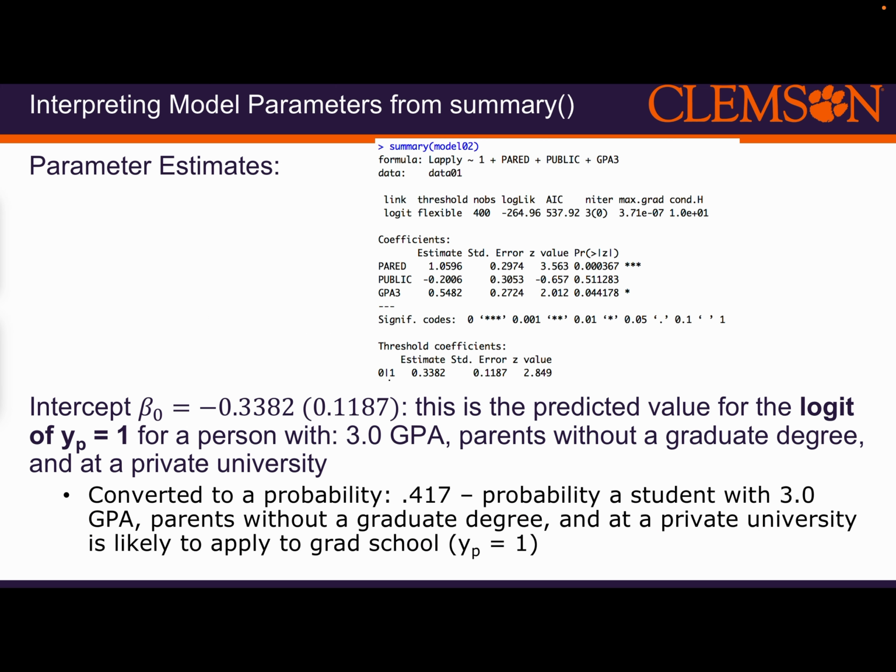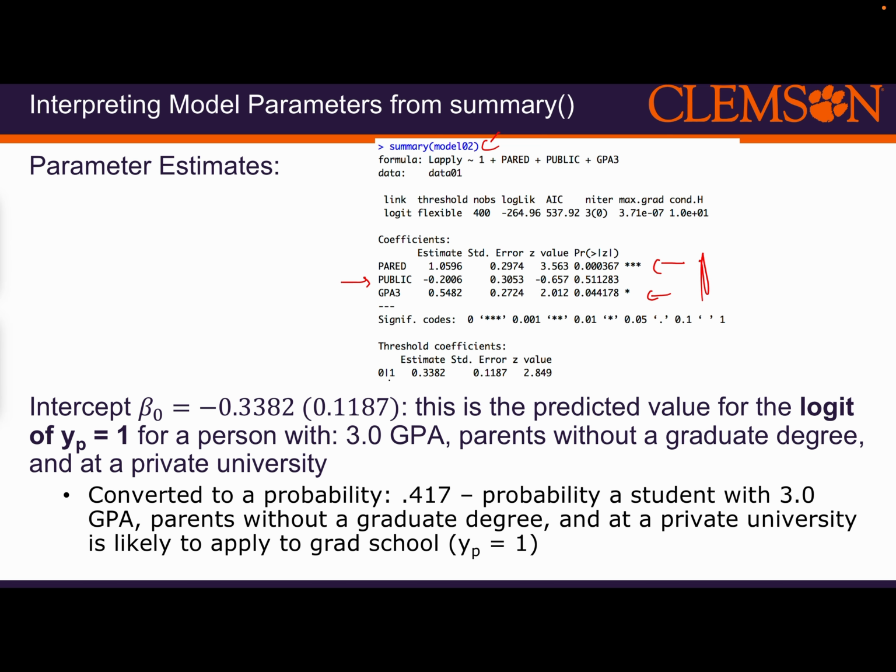Now, which one, we'd have to follow up by looking at each coefficient, which is what we'll do next. So here we put our summary statement in R, and we see that the slope for parental education has a p-value less than 0.05, and the slope for GPA3 is slightly less than 0.05. So we'd say both of these are statistically different from 0. We'd also see that the public value right here is not significant necessarily.